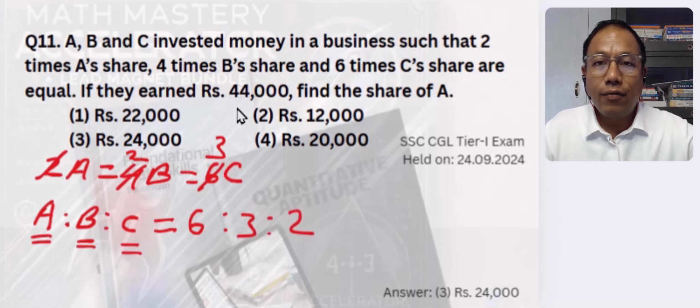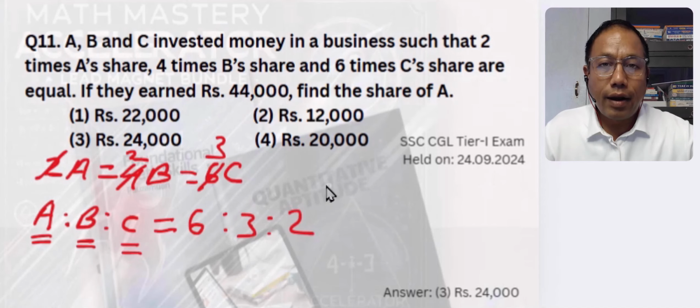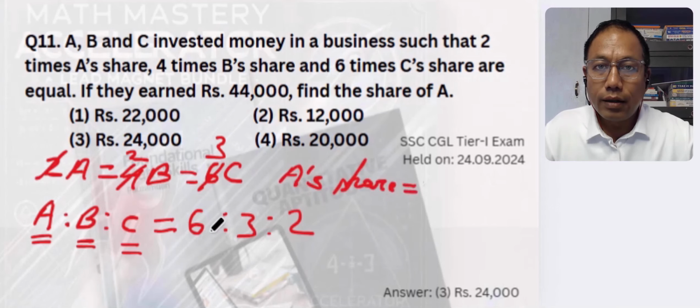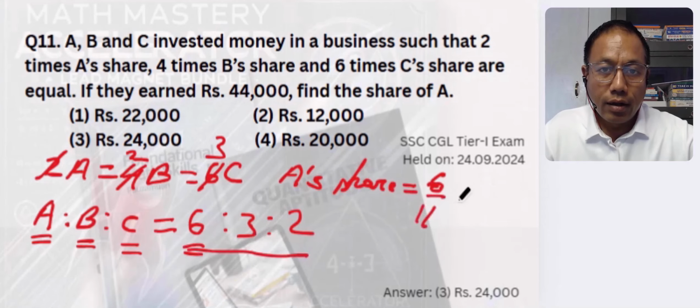If they earn 44,000, find the share of A. A's share is 6 parts out of the sum. 6 plus 3 plus 2 is 11, into the amount.